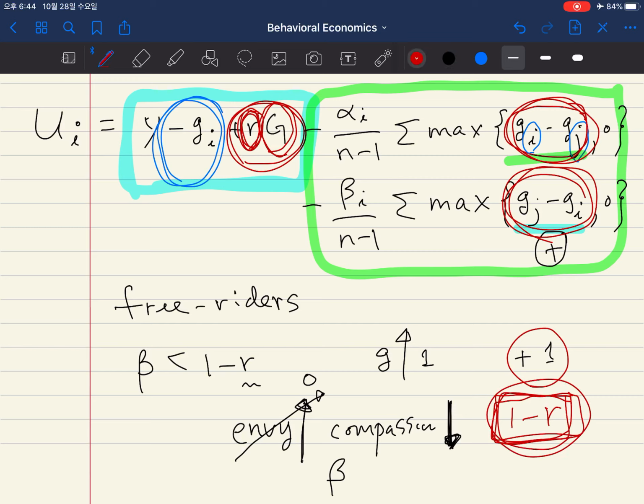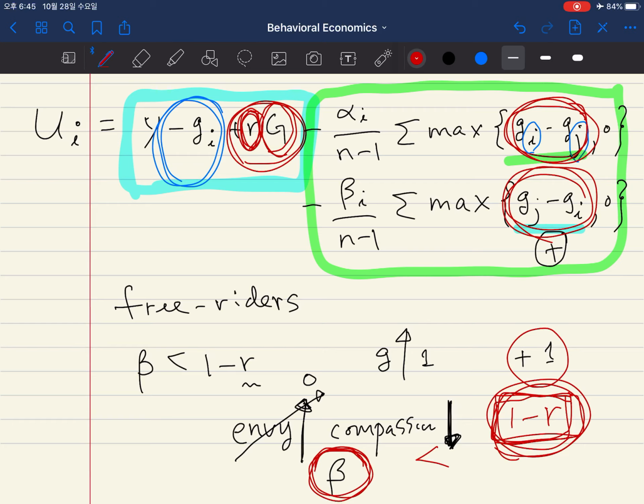So increasing cost by 1 minus R is bad, but because of reduced compassion, he's going to get an additional benefit beta. If beta is less than 1 minus R, this benefit from reduced compassion cannot compensate the increase in cost 1 minus R. Therefore, such an individual with beta less than 1 minus R is not willing to contribute 1 unit of public good.